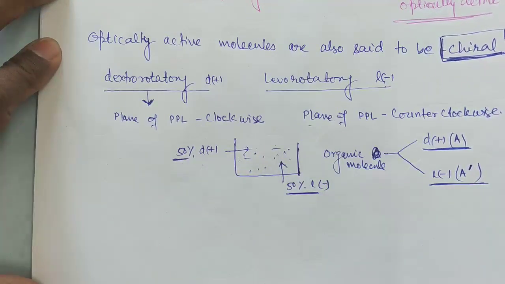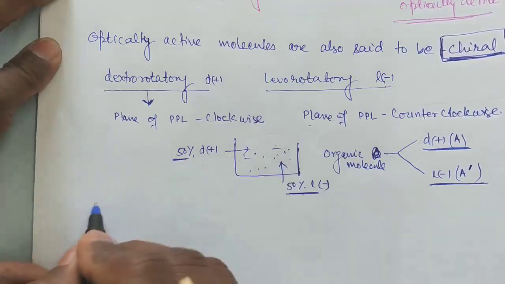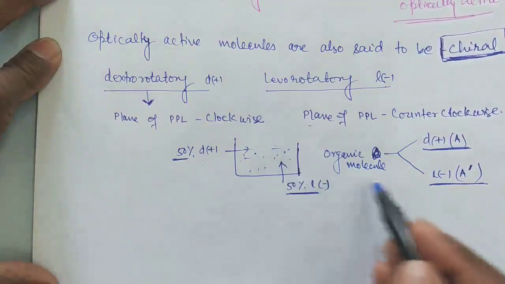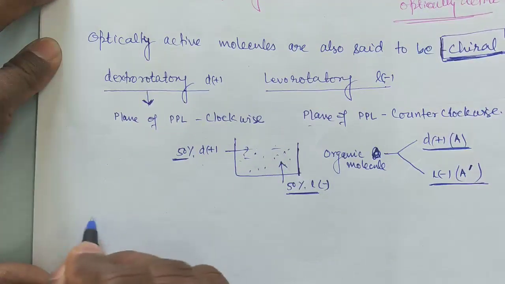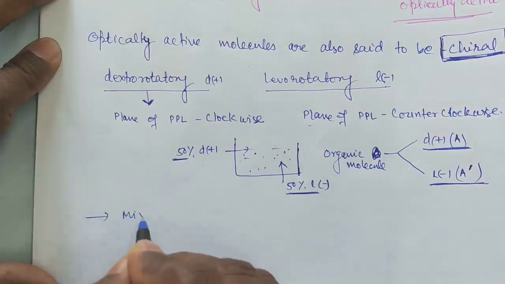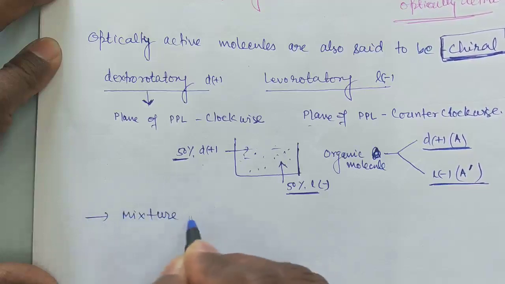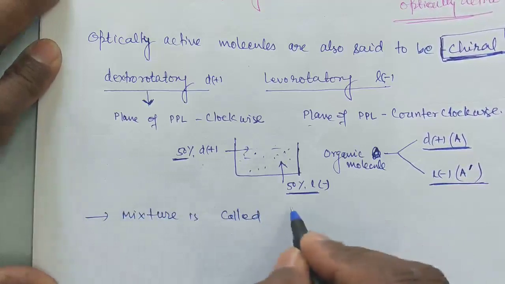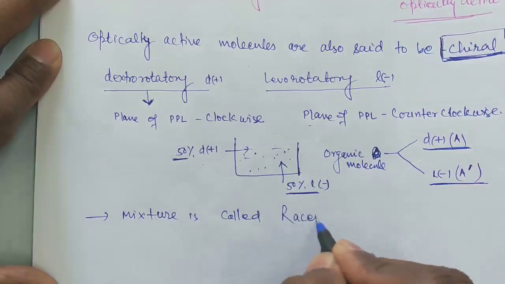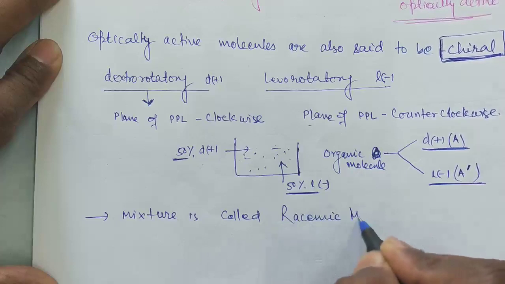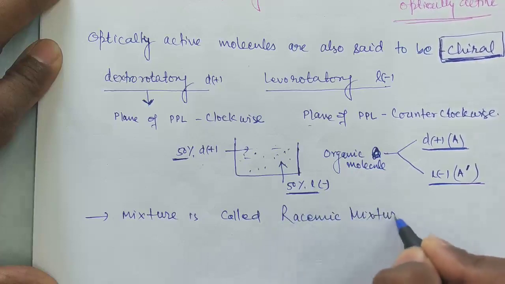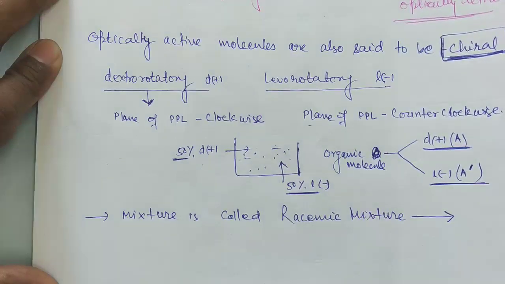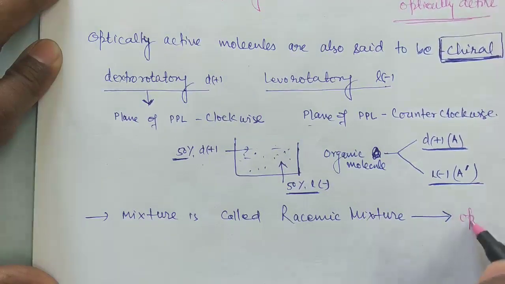Is the solution optically active or inactive? If we take 50% of dextro and 50% of levo of any organic molecule, the mixture is called a racemic mixture. And this racemic mixture is always optically inactive.